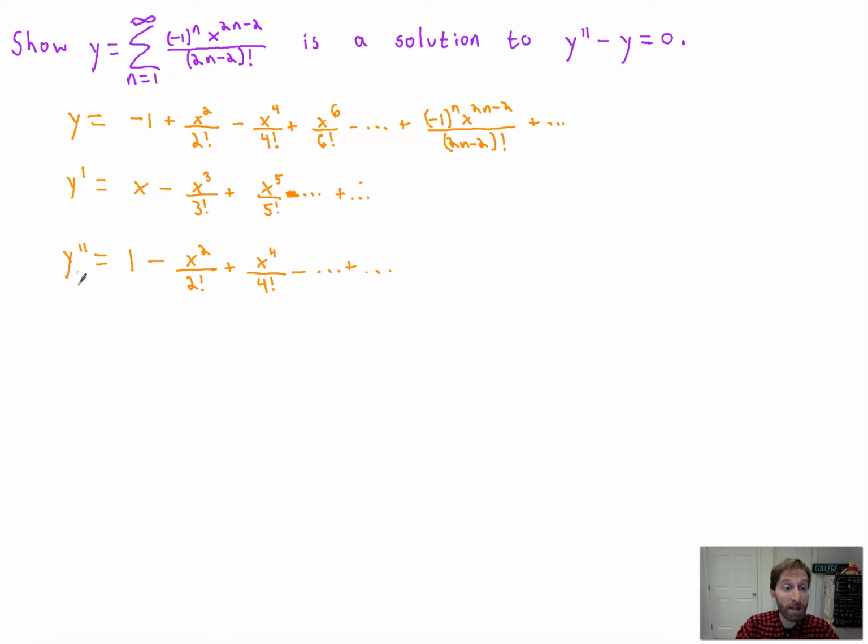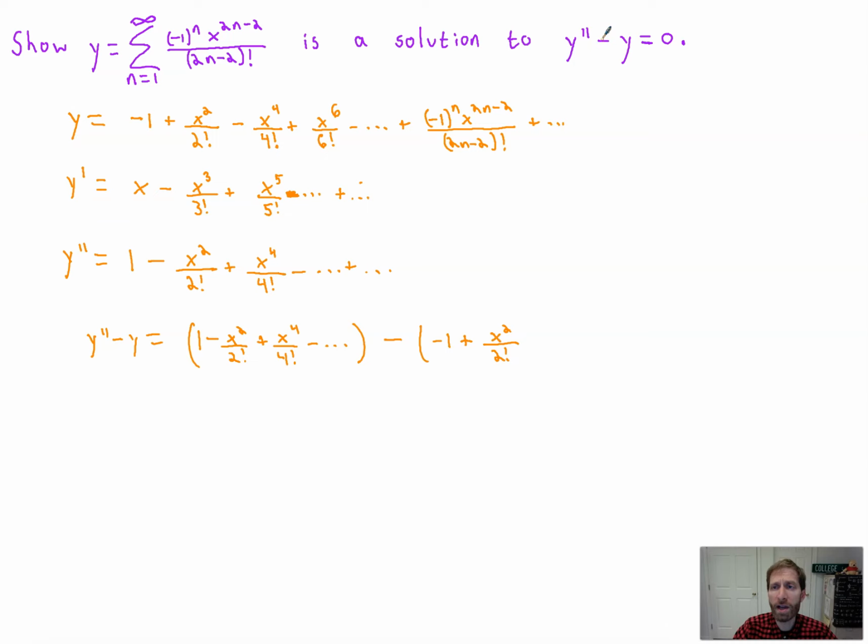Now, that means that y double prime minus y is equal to 1 minus x squared over 2 factorial plus x to the 4th over 4 factorial minus dot dot dot. Keeps going on like that. Minus, and we're going to subtract this. What's going to happen when we do y double prime minus and all of those things there? So we get negative 1 plus x squared over 2 factorial.